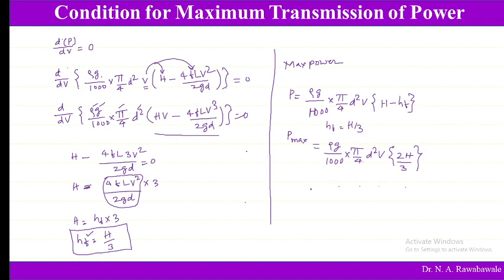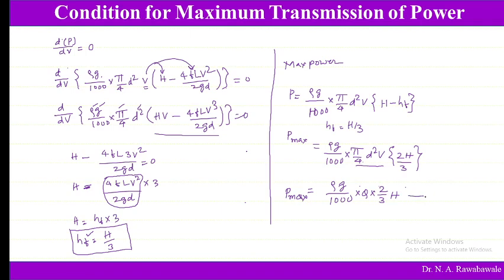So this can be written as rho g divided by 1000 pi by 4 d square v, and since pi by 4 d square v is q, as q into 2 by 3 into h. So this is the equation for maximum power that can be transferred.